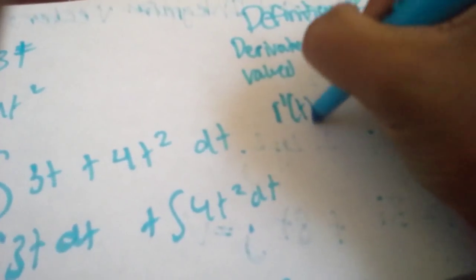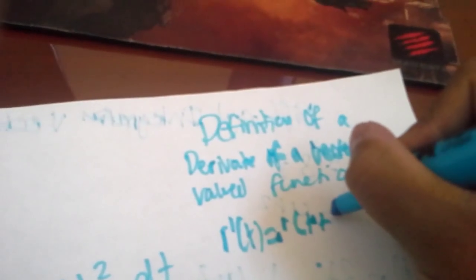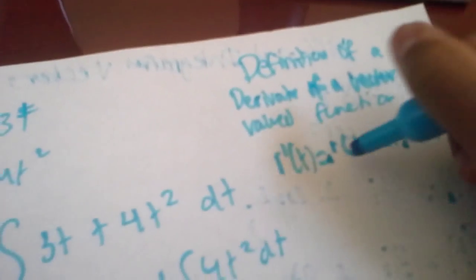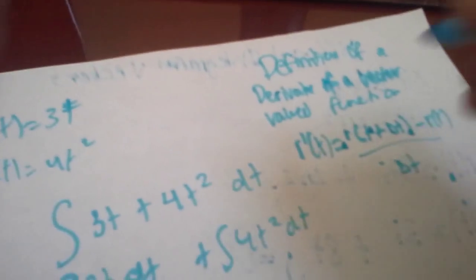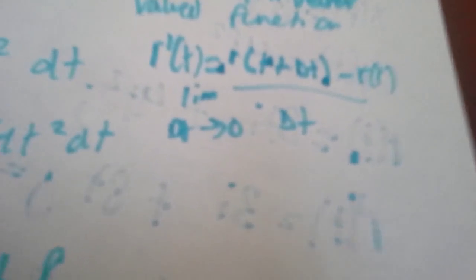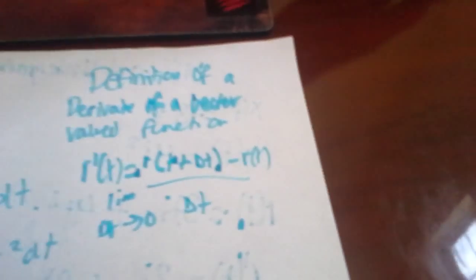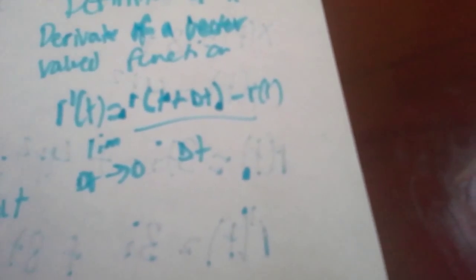We have here r prime of t equals the limit of r of t plus change in t minus r of t, over change in t. And I forgot to add the limit here, but it's supposed to be as change in t approaches 0. This is the definition for a vector valued function too. It's not that much different from the normal derivative.